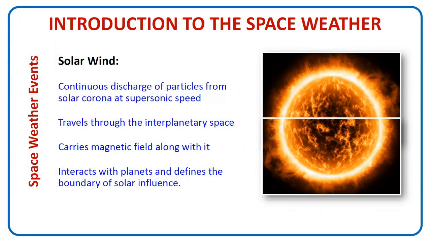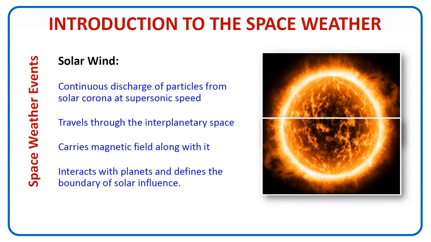They form a bubble around the solar system so that the galactic particles from outside don't get inside this bubble and cause any problem to us. So these solar winds are the soldiers that the sun puts at the boundary to keep our solar system safe from any external invasion.